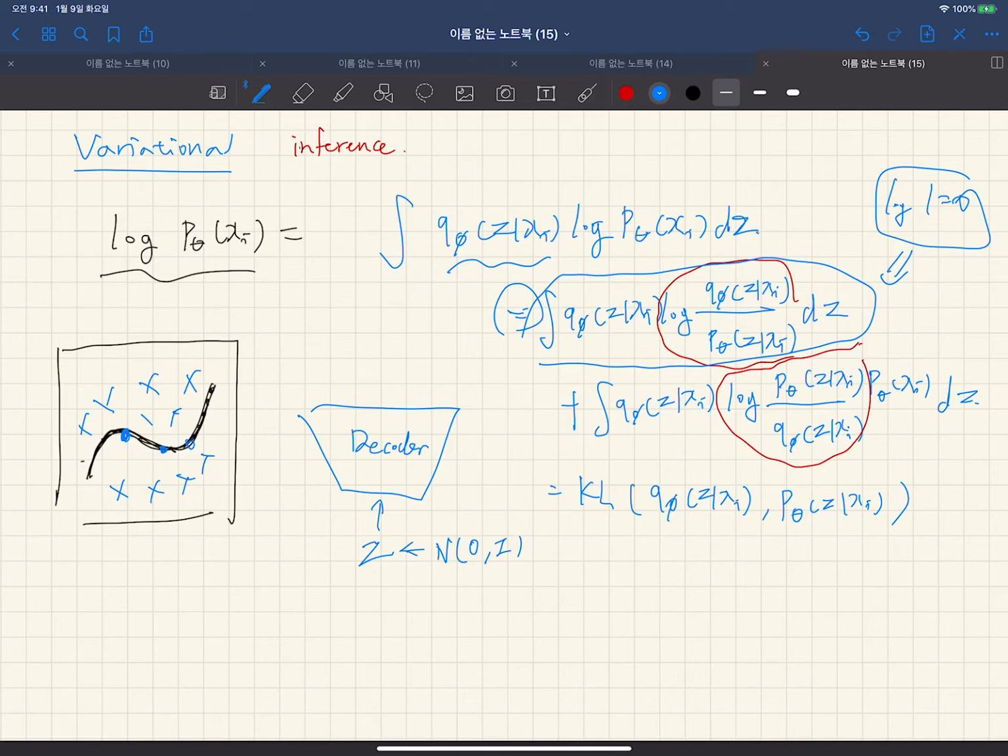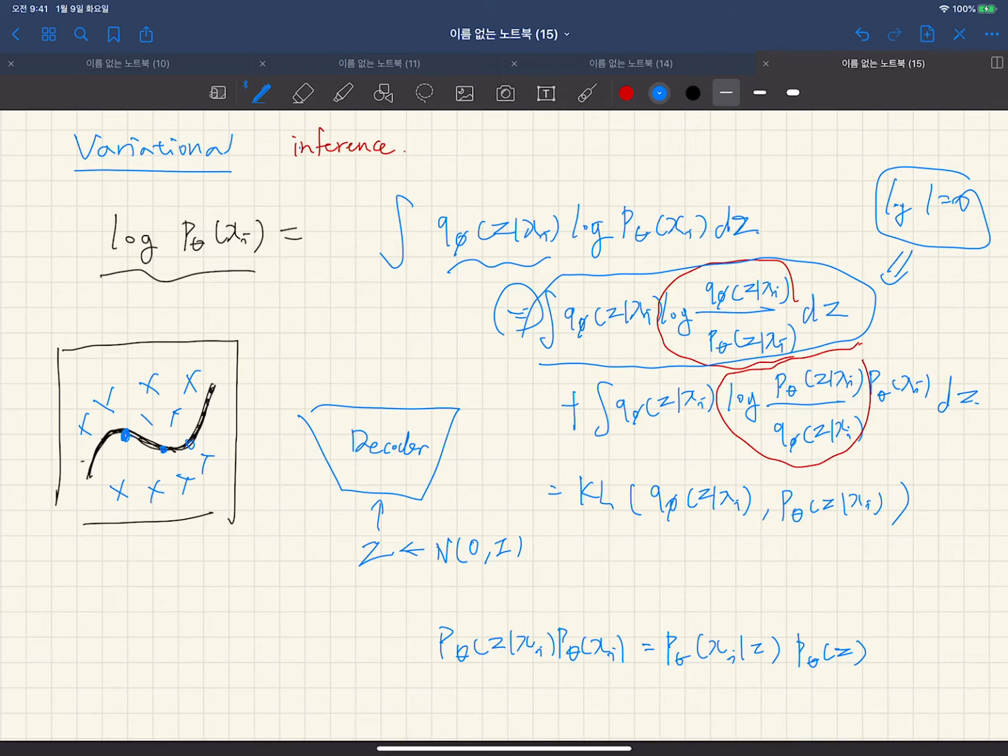And use the fact that p theta z x_i, that is p theta z times p theta x_i, is equal to p theta x_i given z and p theta z.